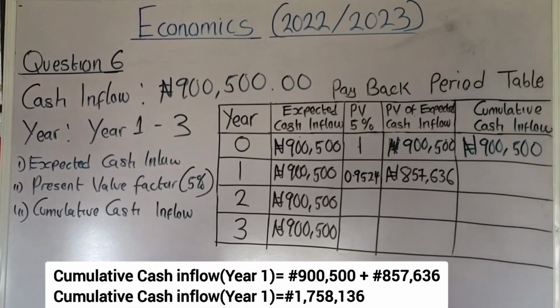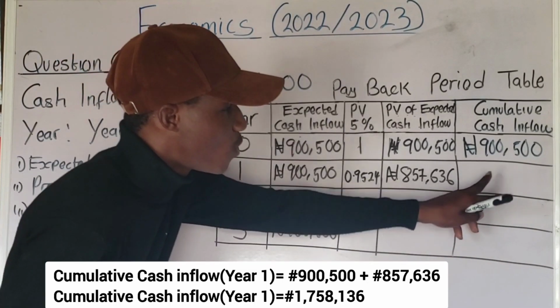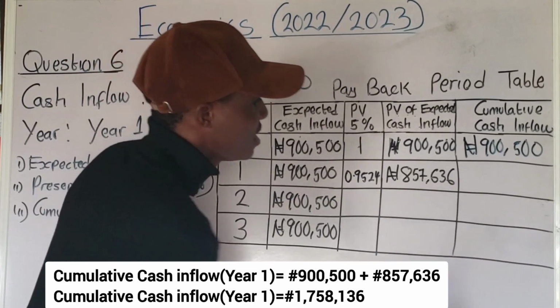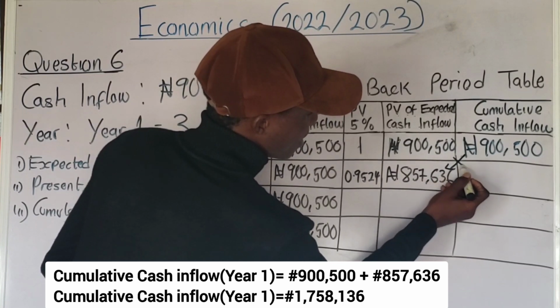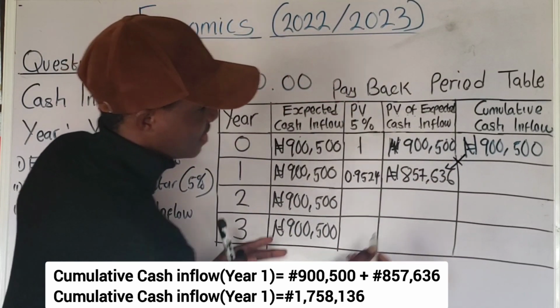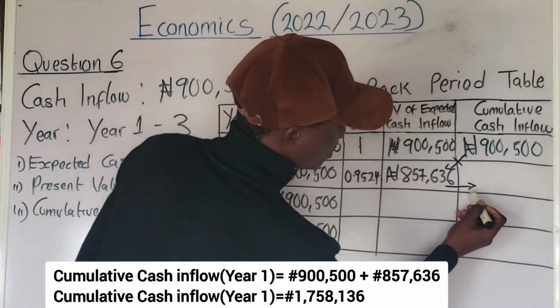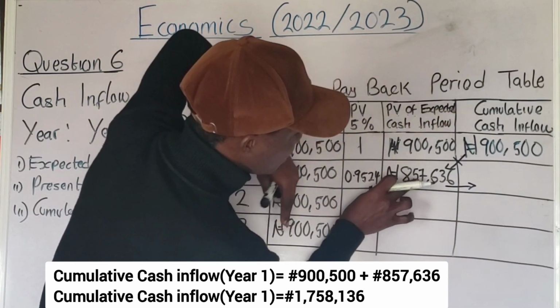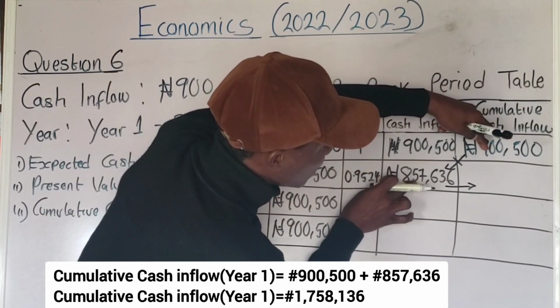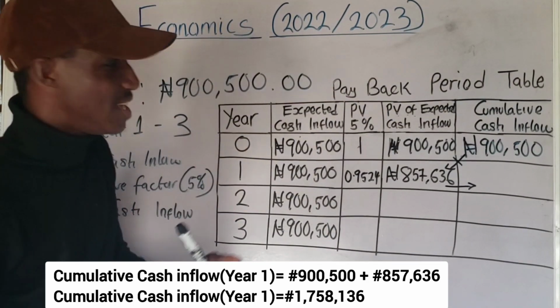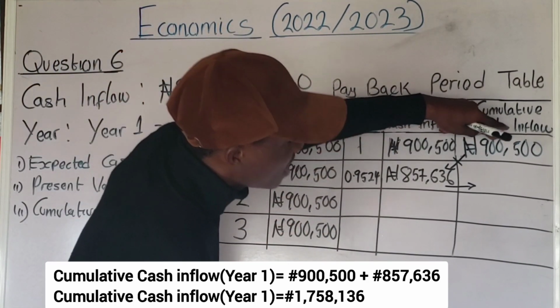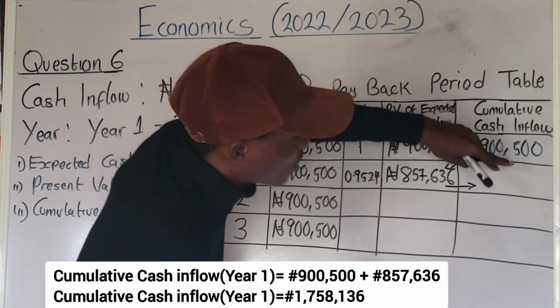Pay attention. The cumulative cash inflow for this year now will be, we are going to add this and this together. Please, do you understand? It will be equal to this. You are going to add the value that you have here and this together, and you are going to get the value here.